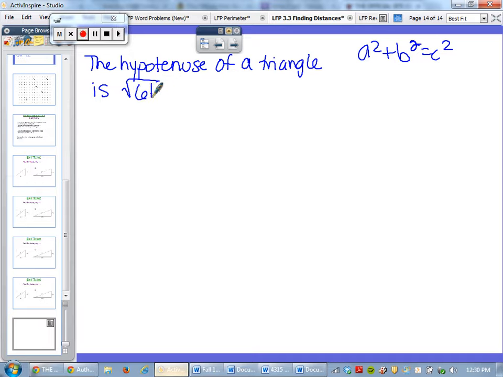No, they should be more specific. The hypotenuse of a right triangle is the square root of 61.